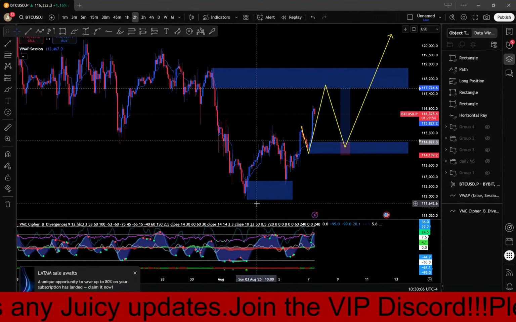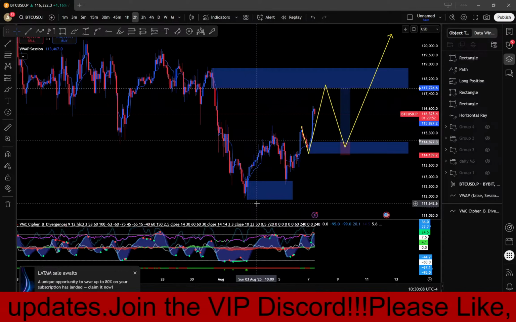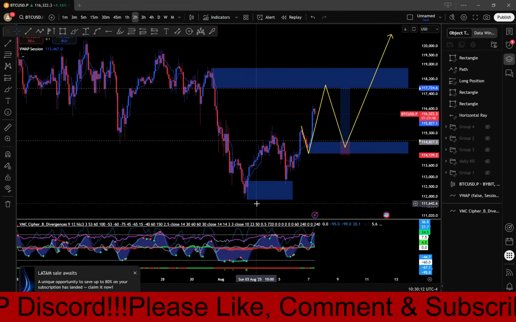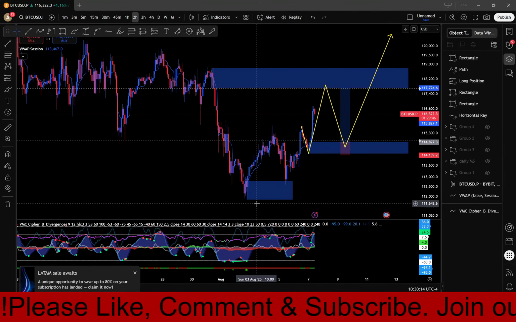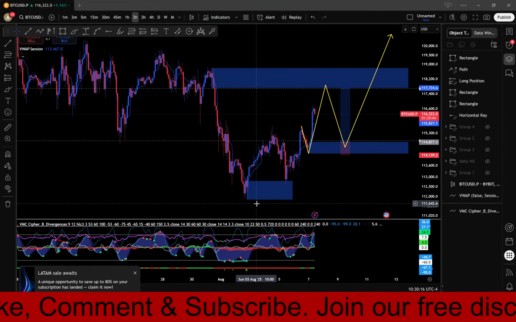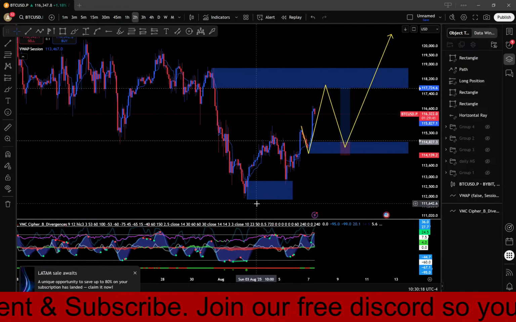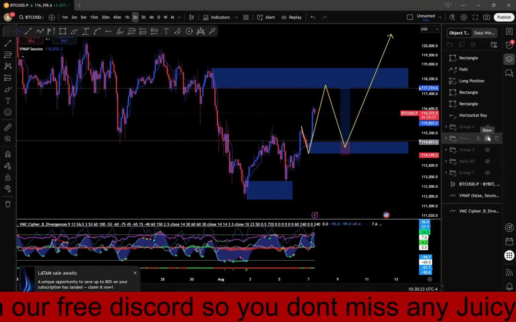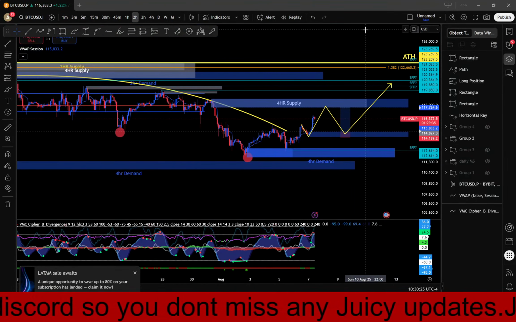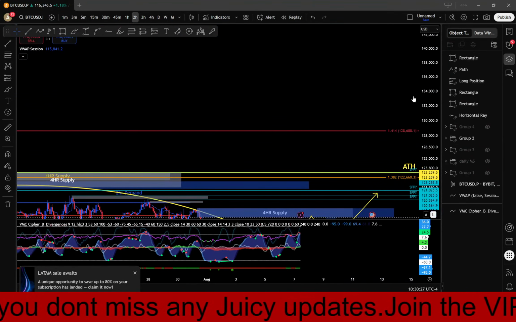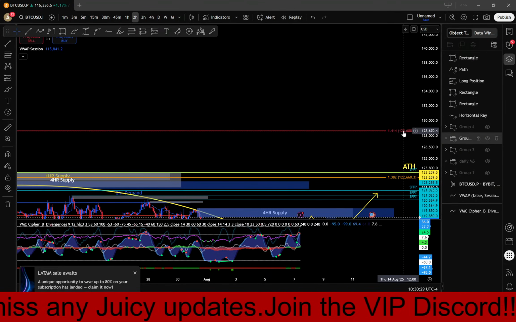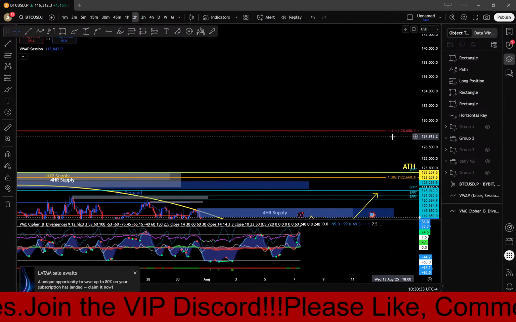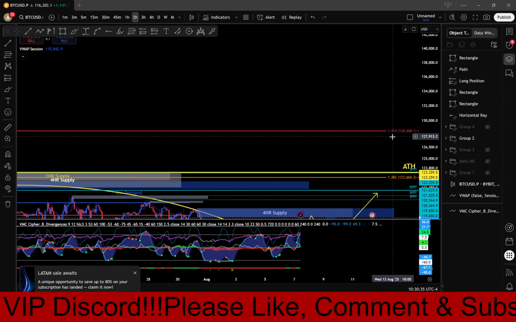Given where we came down to and retested previous resistance as support, I expect BTC to put in a new high, and that new high I'm looking to come at around 128,688, basically $130,000.